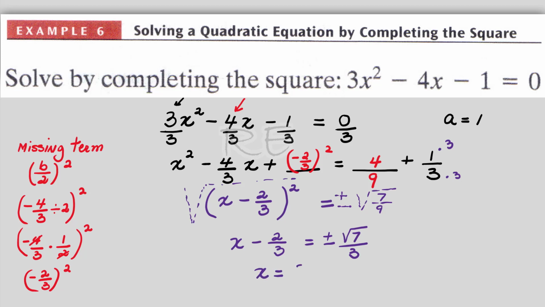Now, to solve the equation, we just need to add 2/3 to both sides. So our final answer is x is equal to 2/3 plus or minus square root of 7 over 3, which can be written as 2 plus or minus square root of 7 over 3 as one fraction.